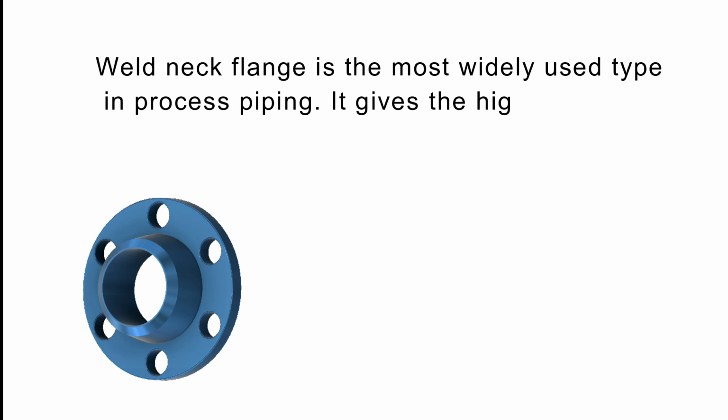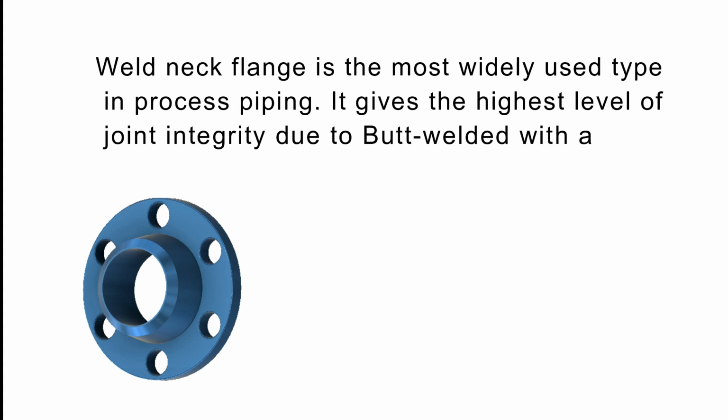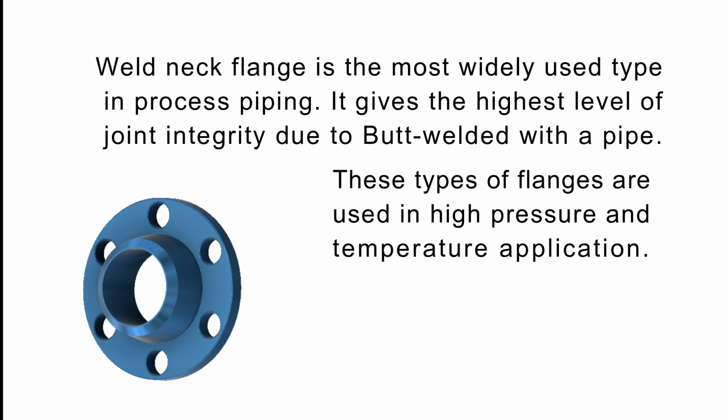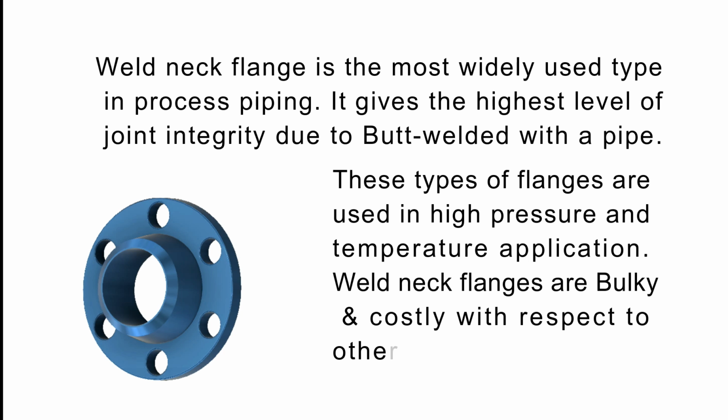It gives the highest level of joint integrity due to being butt welded with a pipe. These types of flanges are used in high pressure and temperature applications. Weld neck flanges are bulky and costly with respect to other types of flanges.